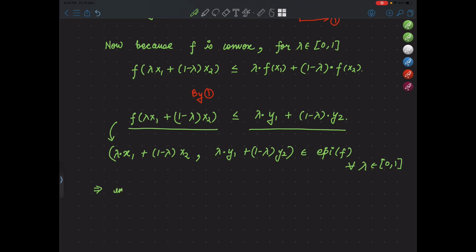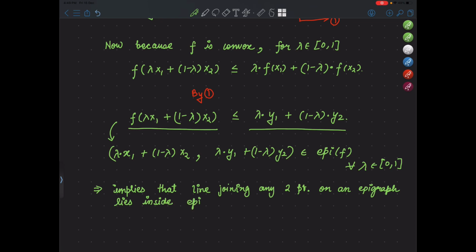So this implies that the line joining any 2 points on an epigraph lies inside the epigraph.